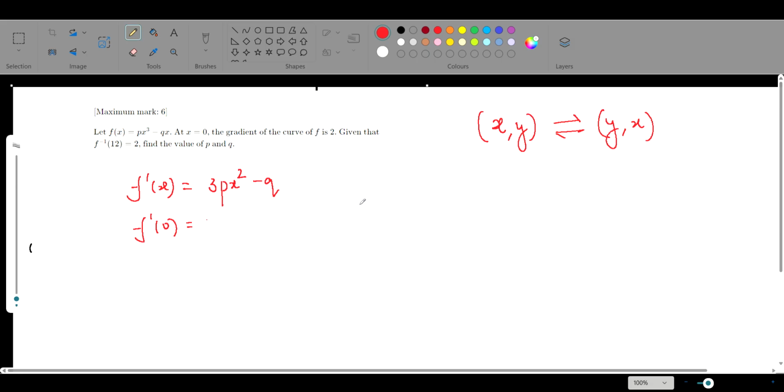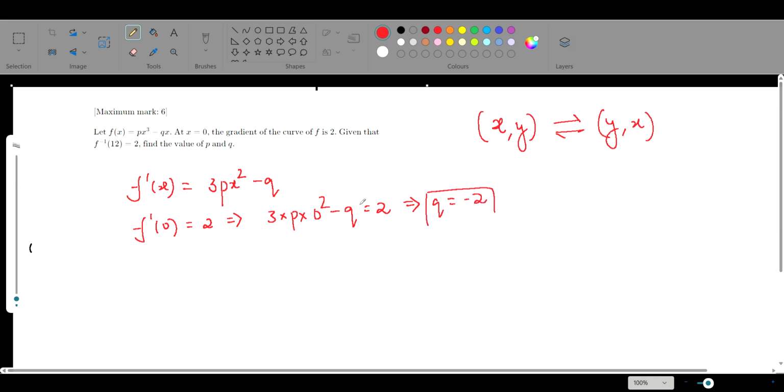So this by 2, 8p minus 2q, 12, 4 is 2q, 24p minus 24.